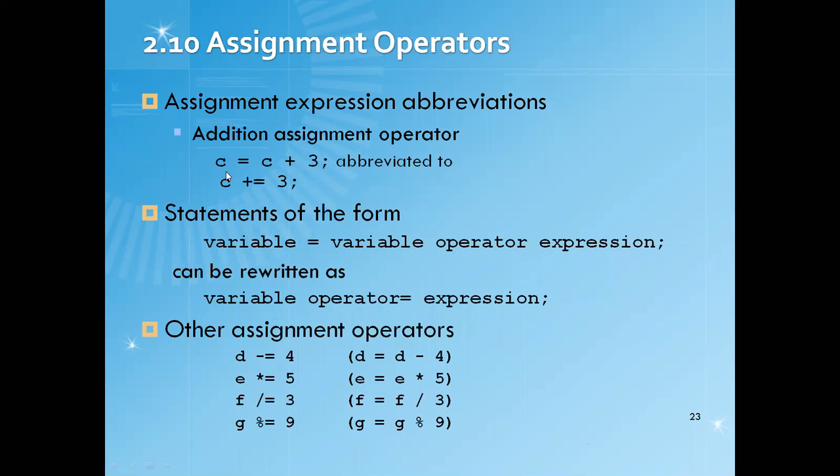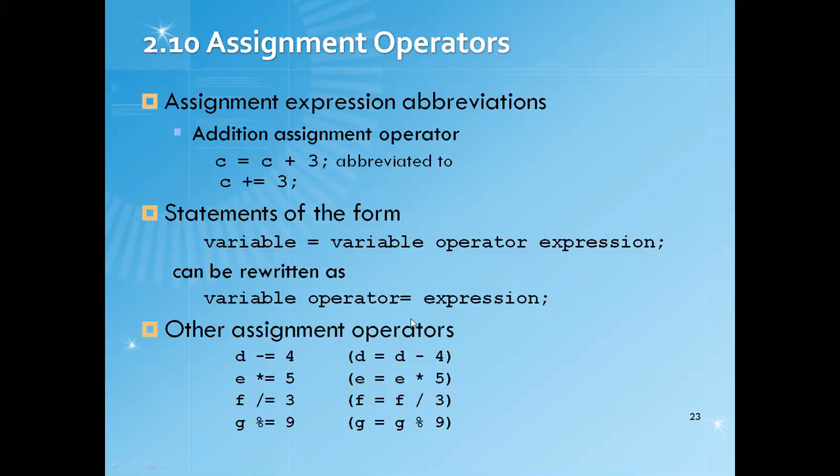But you can also do the same thing in an abbreviated way: C plus equals 3. It is exactly the same statement. First you add 3 to C, then assign it to C. So you need to get familiar with that.